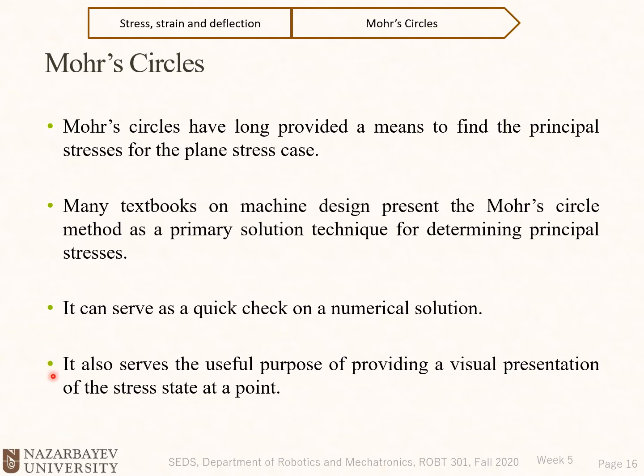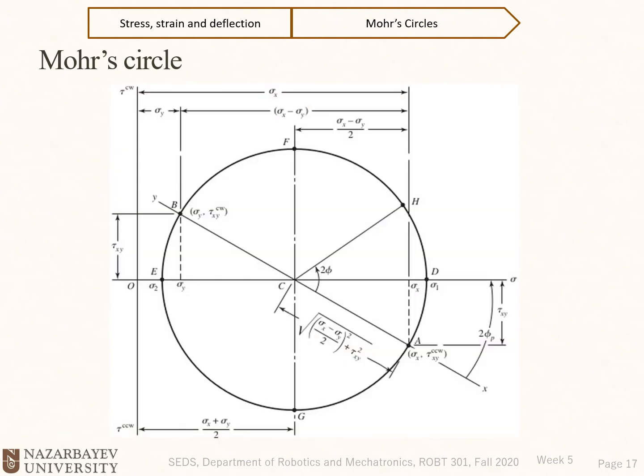It also serves the useful purpose of providing a visual presentation of the stress state at a point. So this visual presentation is very important. And once you learn Mohr's circle, you will forget those equations that we had for sigma x prime and tau x prime y prime.